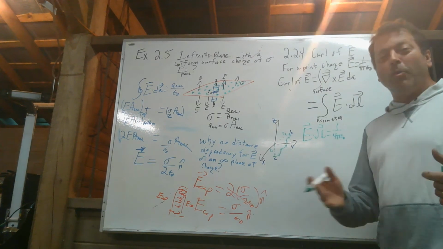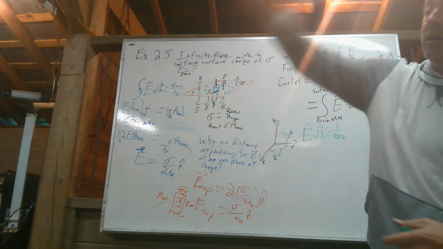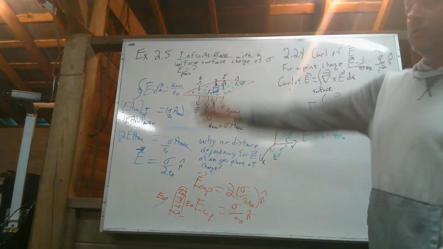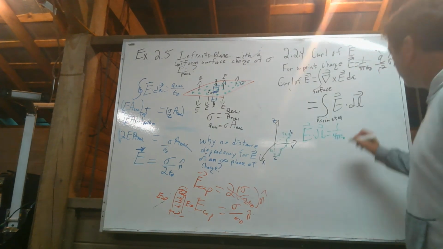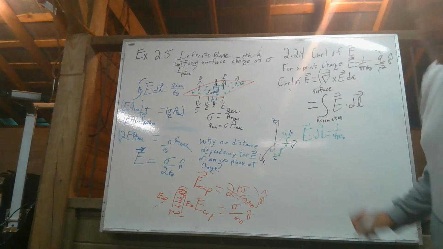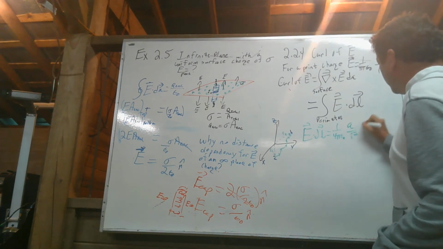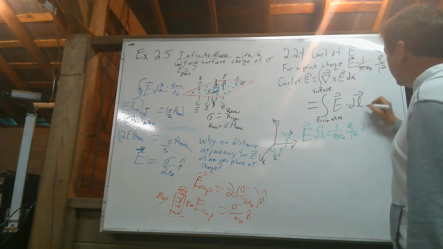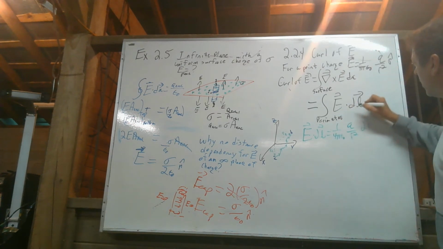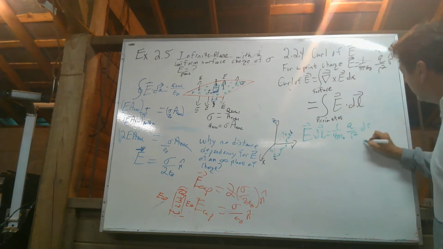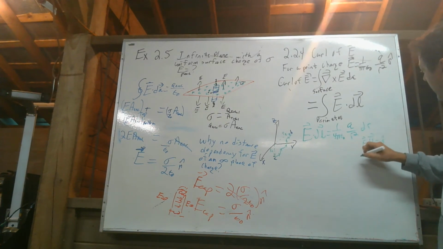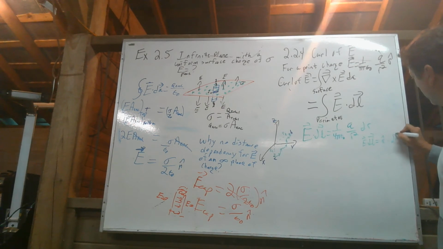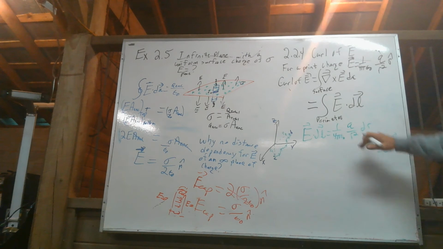Let's do it over one coordinate, just a radius, and just have that arcs around. And we just do it over that. It gets easier. So that's just going to be equal to 1 over 4 pi epsilon naught q over r squared dr. And we're dotting it, so when you dot it, the r hat for E dotted with the dr vector is just going to give us dr. That's why I can just put dr there.